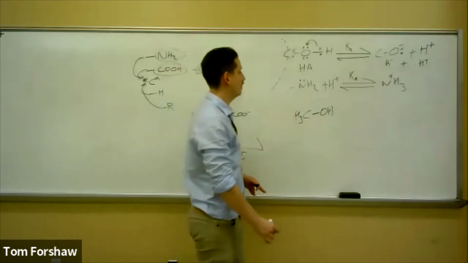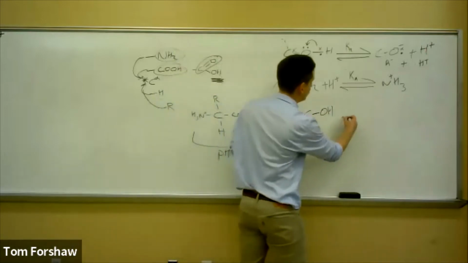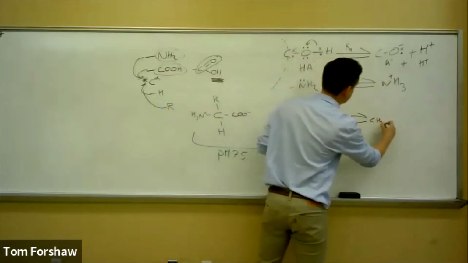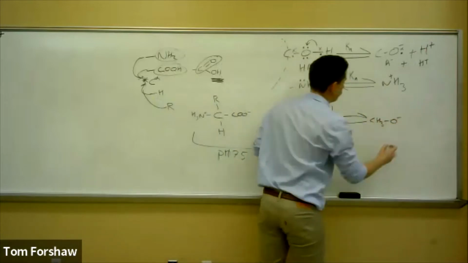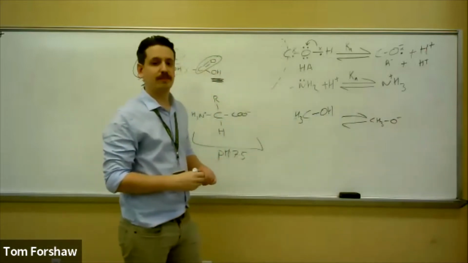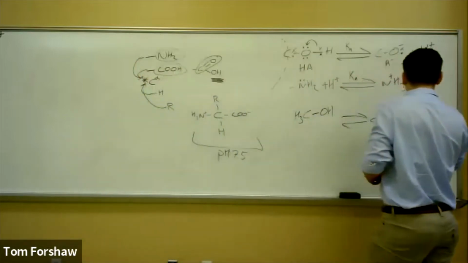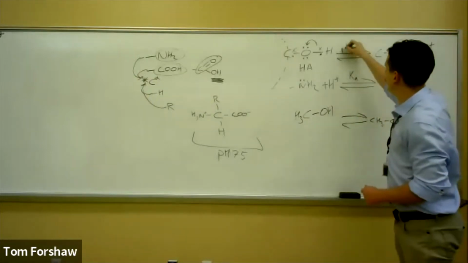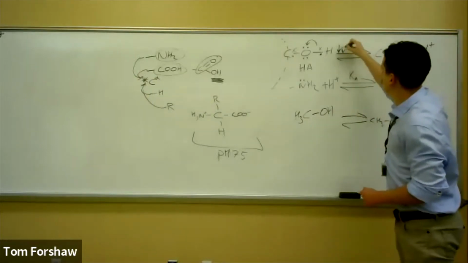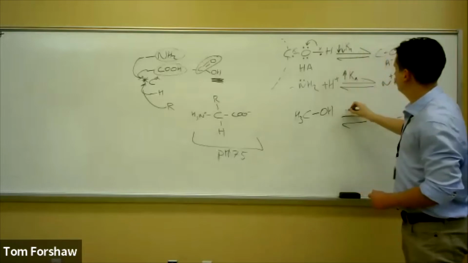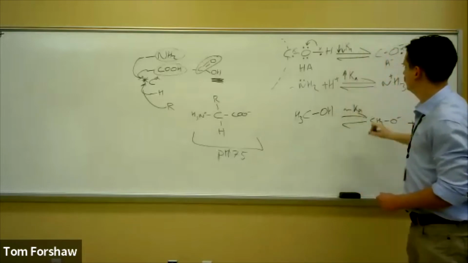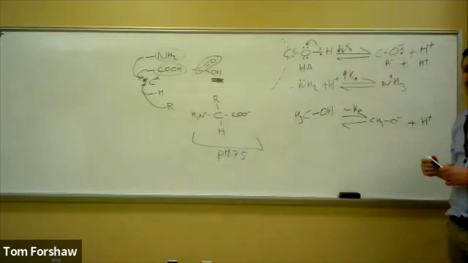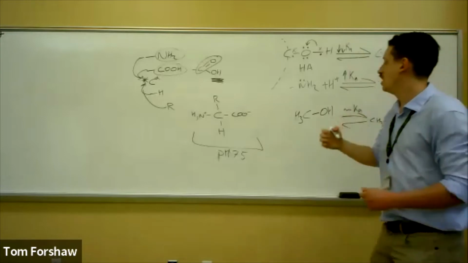It's got an alcoholic group, and that could potentially ionize to form the alkoxide ion. But it doesn't really like doing this. The Ka is quite high. It's not as high as a base, but it's a fairly high one. It doesn't really want to do that quite so much.